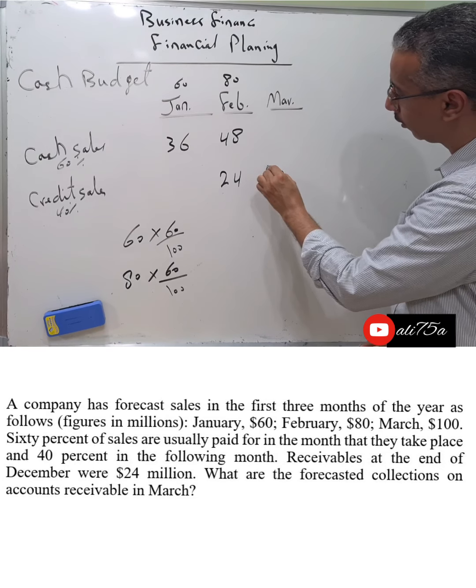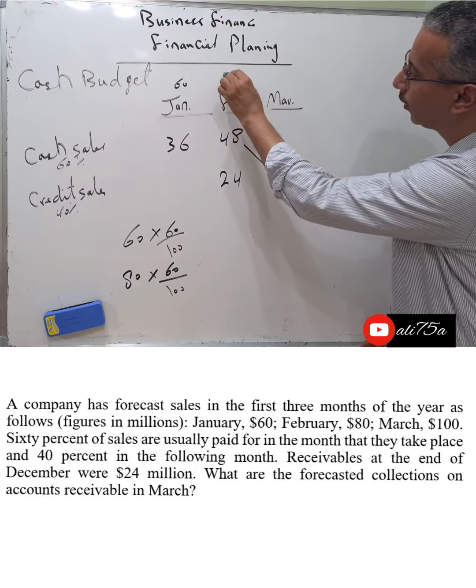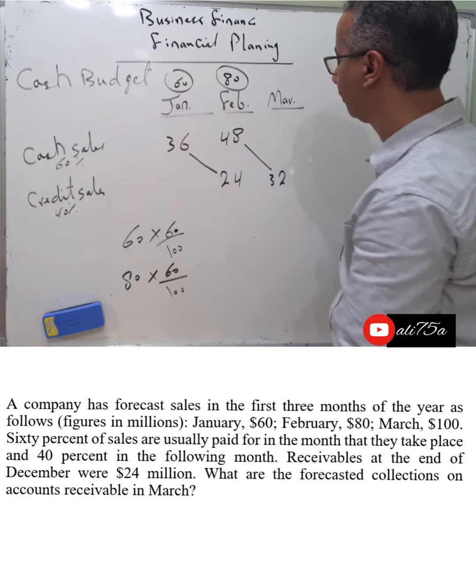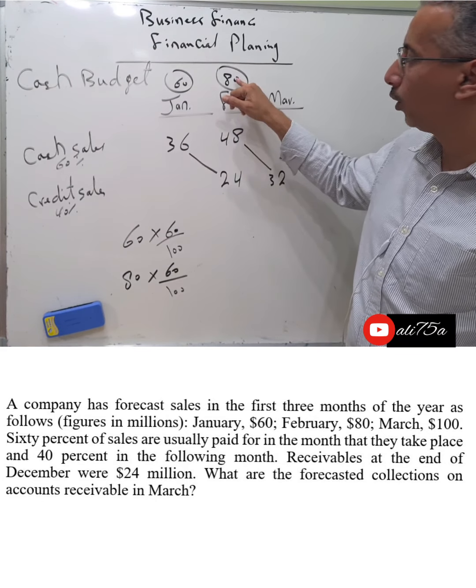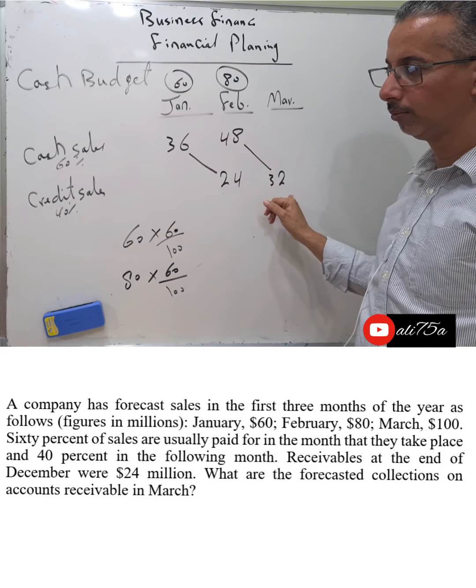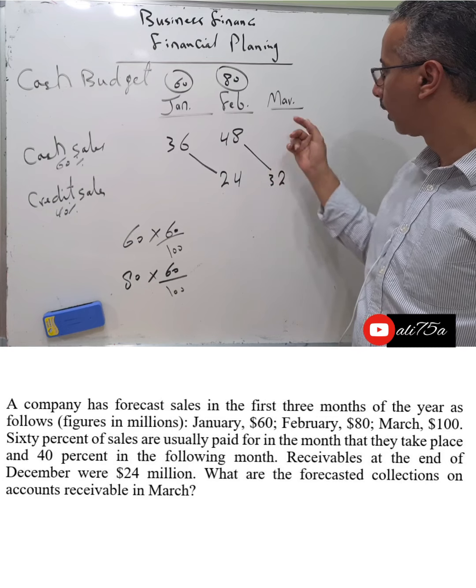So the total of these two numbers is 80. Collected 60% of it in the same month, and the remaining 40% in the following month.